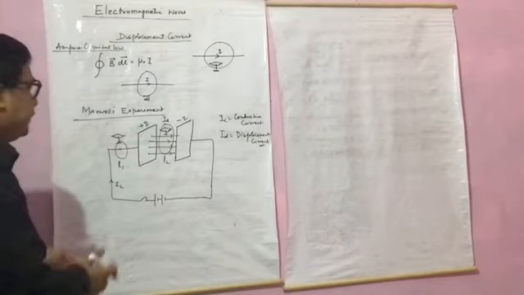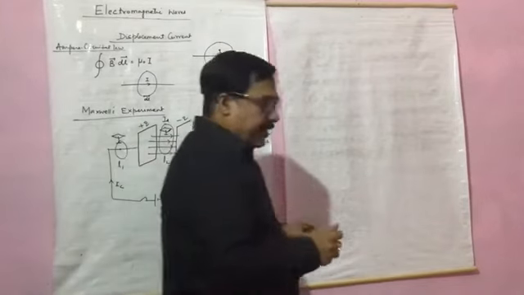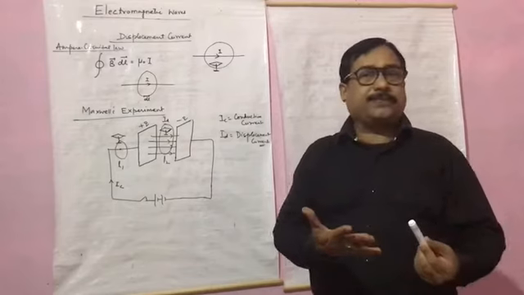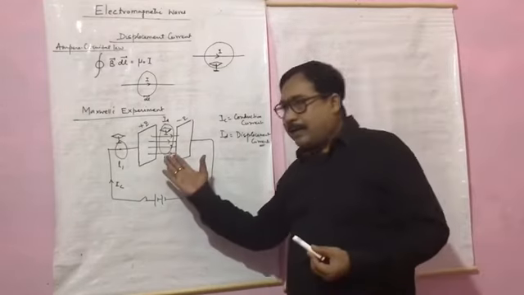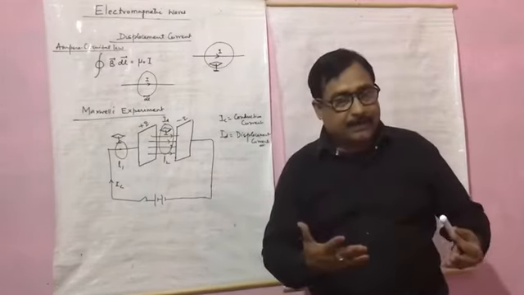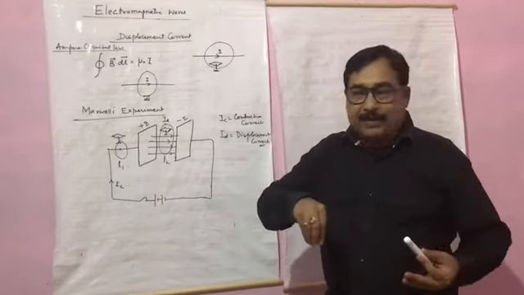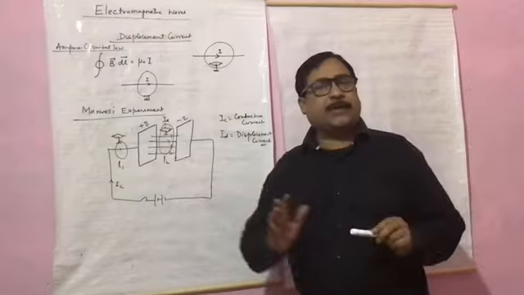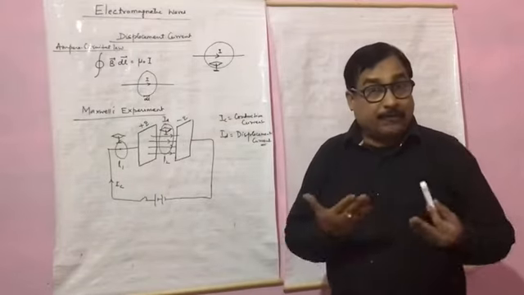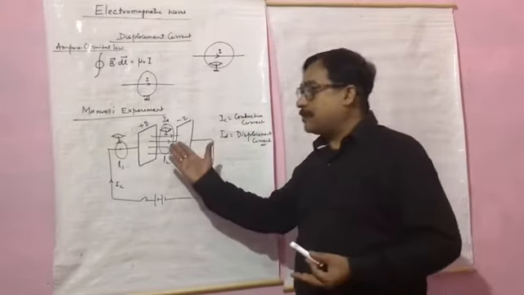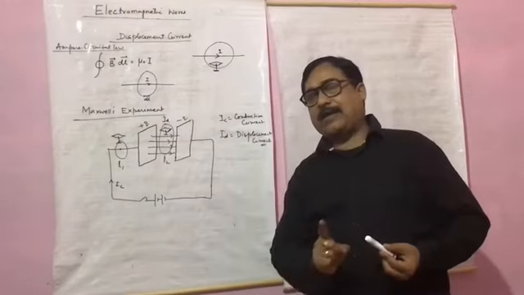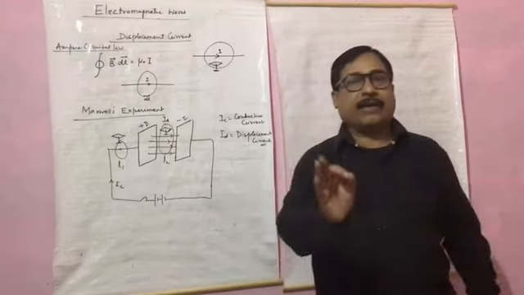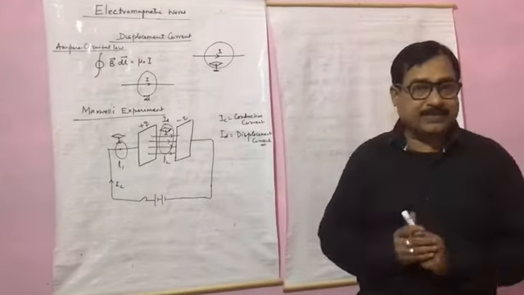Then he explained that the electric field which is changing in nature produces a current known as displacement current, and that displacement current produces a magnetic field as suggested by Oersted. So a magnetic field is produced by the displacement current also, and that magnetic field is responsible for the deflection of the magnetic needle placed between the two plates.